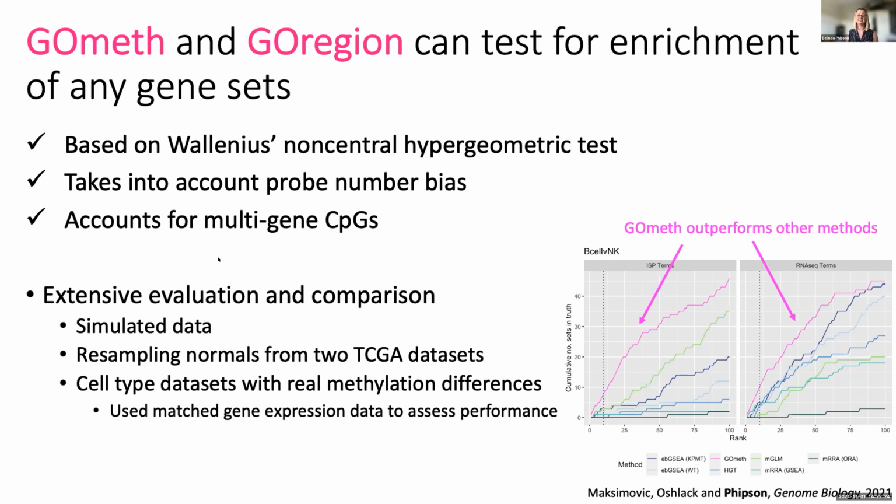And we've done extensive evaluation and comparison with simulated data, with resampling normals from 2 different TCGA data sets. I showed you the kidney one, but we've also done, I think, breast cancer normals as well. And we analyzed 2 different cell type data sets with real methylation differences, and we found matched gene expression data so that we could create these independent truth sets to help us in our evaluation.